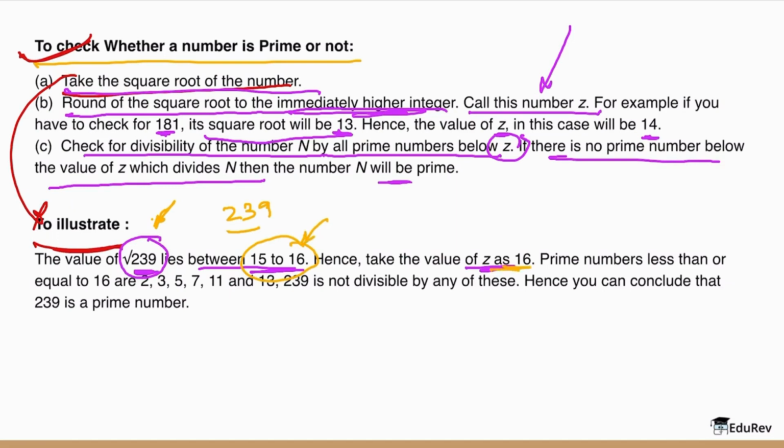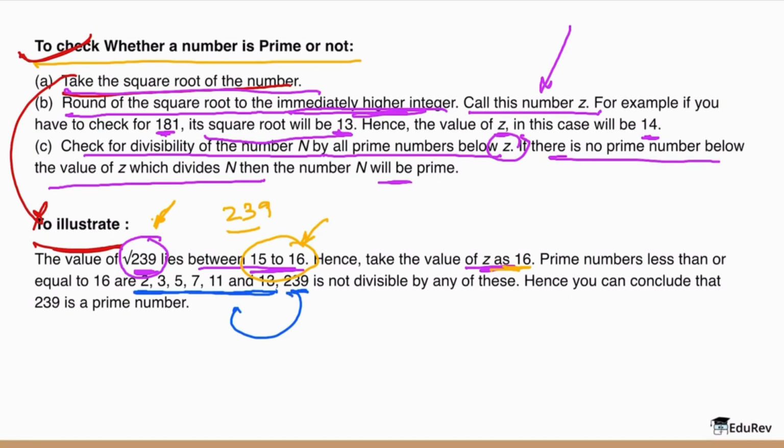Now you need to write all the prime numbers which are less than or equal to 16. So all the prime numbers less than or equal to 16 are 2, 3, 5, 7, 11 and 13. Now I have to check whether 239 is divisible by these numbers or not. If it's not divisible by any of these, then it's a prime number. If it's divisible by any one of these, then it's not a prime number; in that case, it's a composite number.